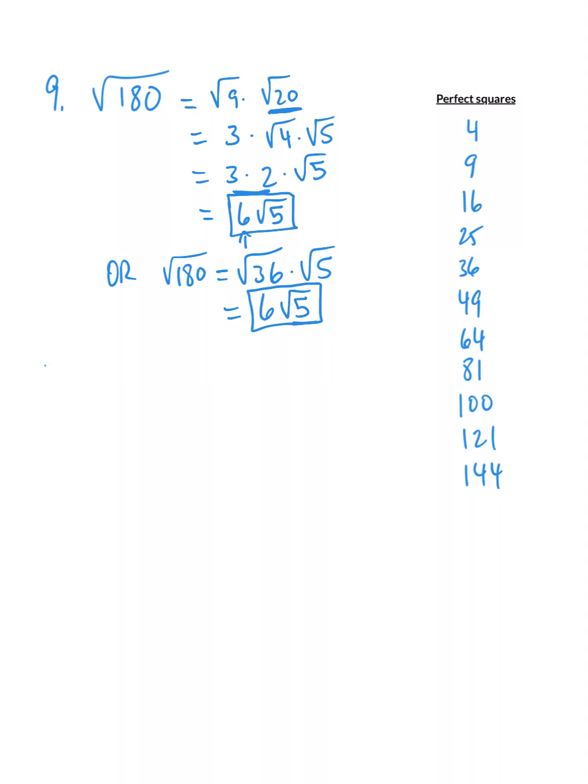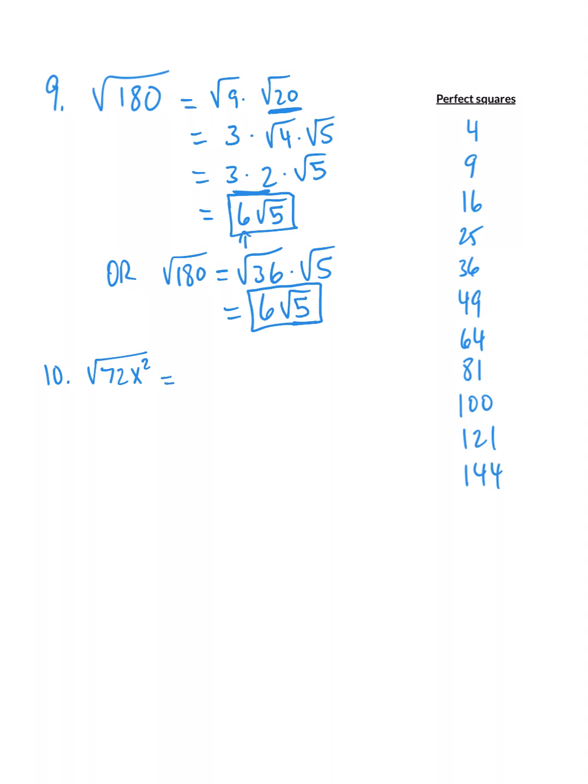Let's do one with a number and a variable. So again, you might think 72, okay, that's 9 times 8. Or you might look for a larger perfect square that goes in 72, so you can do it in one easy step.